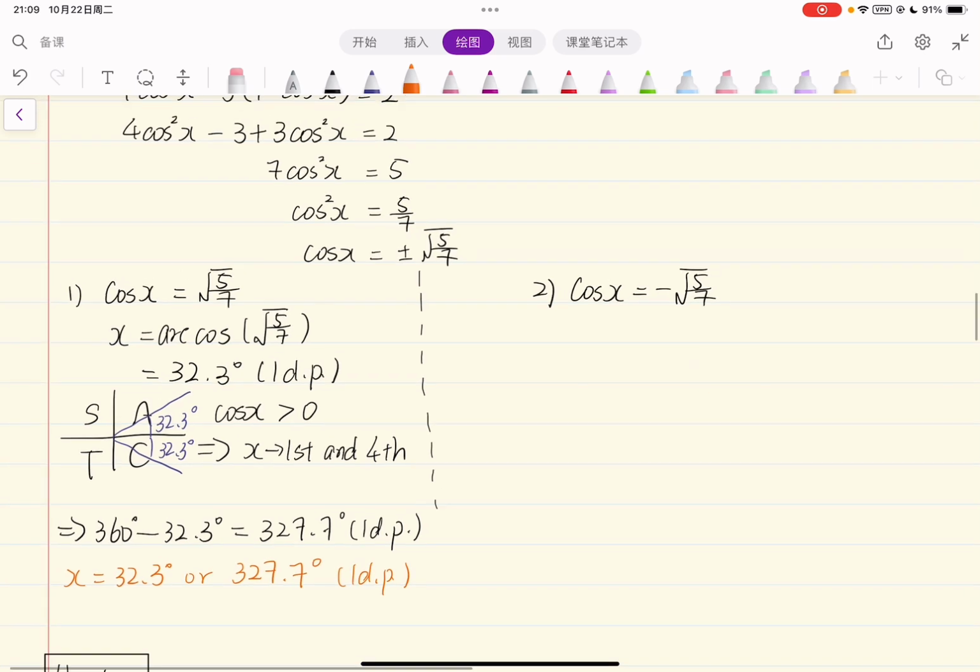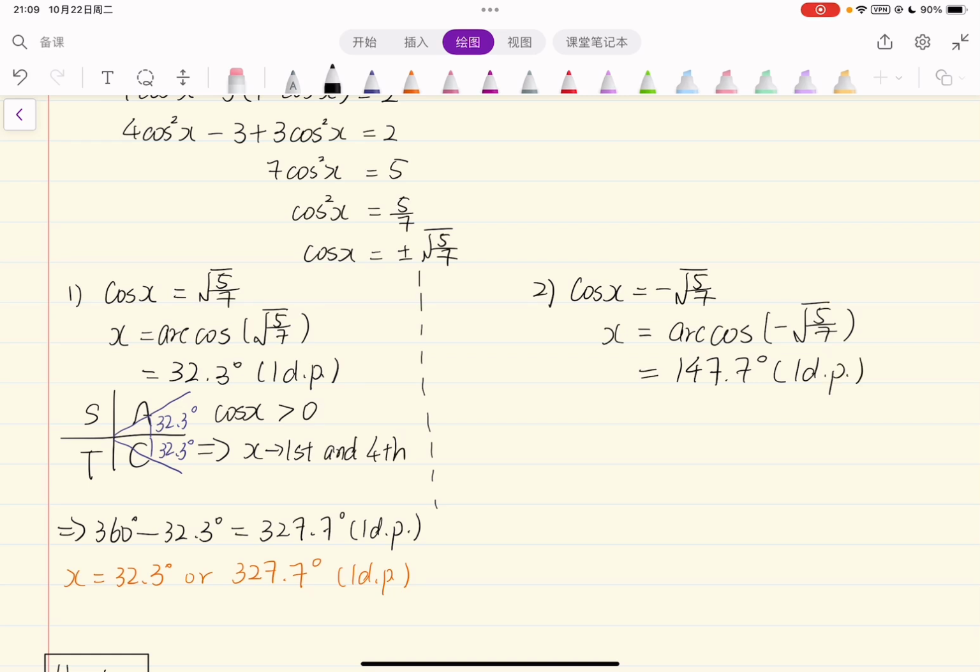Now, if cosine x equals negative square root of 5 over 7, x equals arc cosine minus square root of 5 over 7, that equals 147.7 degrees to 1 decimal place in the calculator.